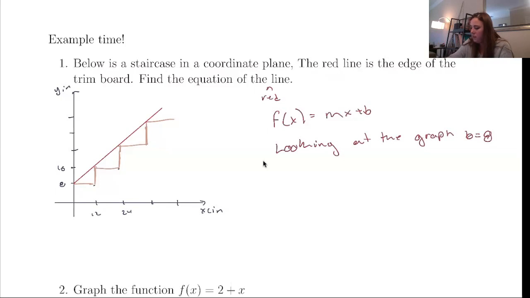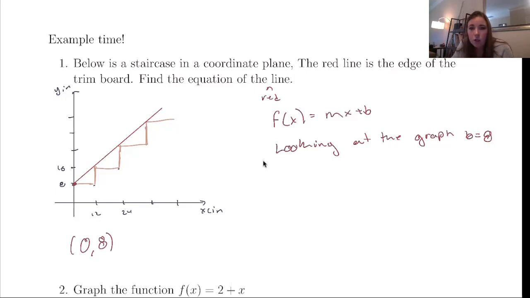Looking at the graph, b equals 8. It's our initial value. Initial is when my independent variable is 0. We also know this as the y-intercept. So I have that point there. When x is 0, my tread is at 8.